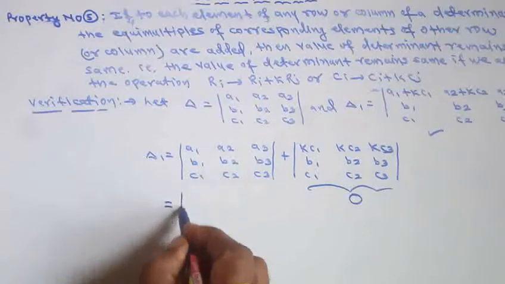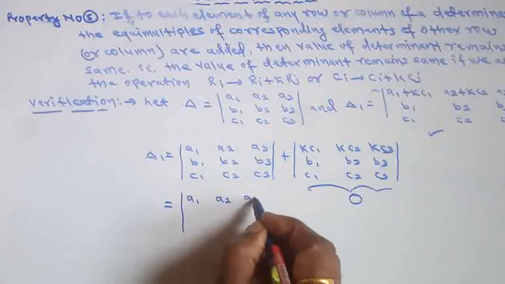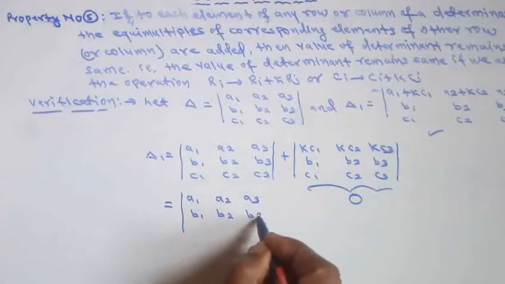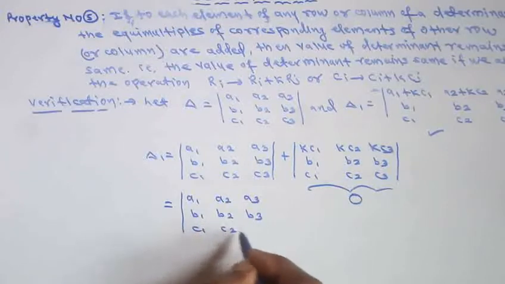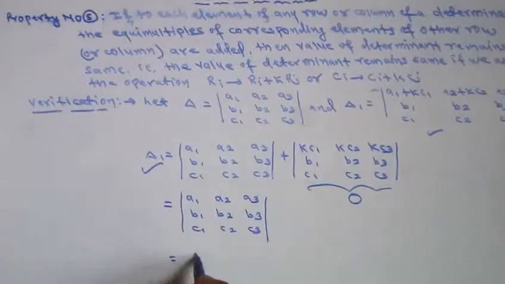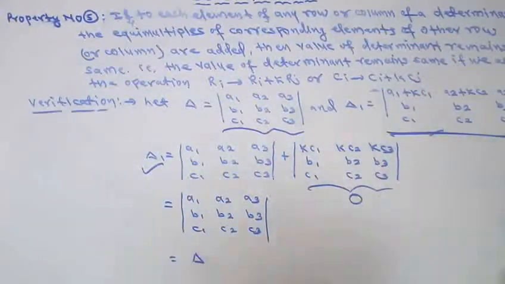So again I am getting the same determinant A1, A2, A3, B1, B2, B3, C1, C2, C3. Means delta 1 equals delta.